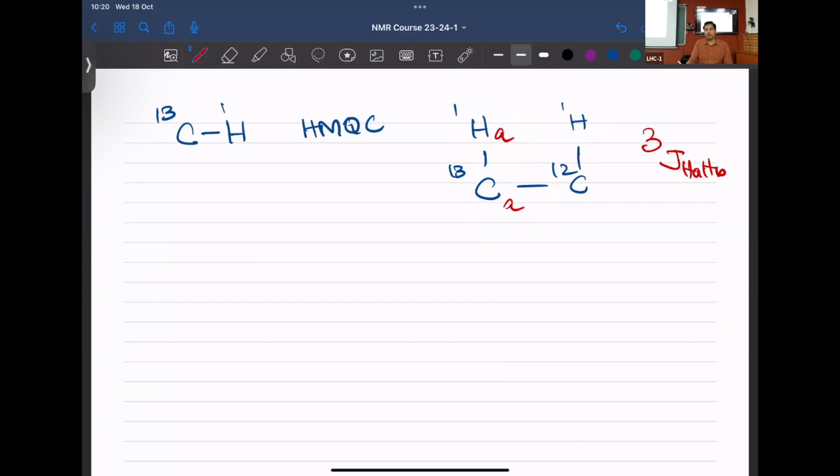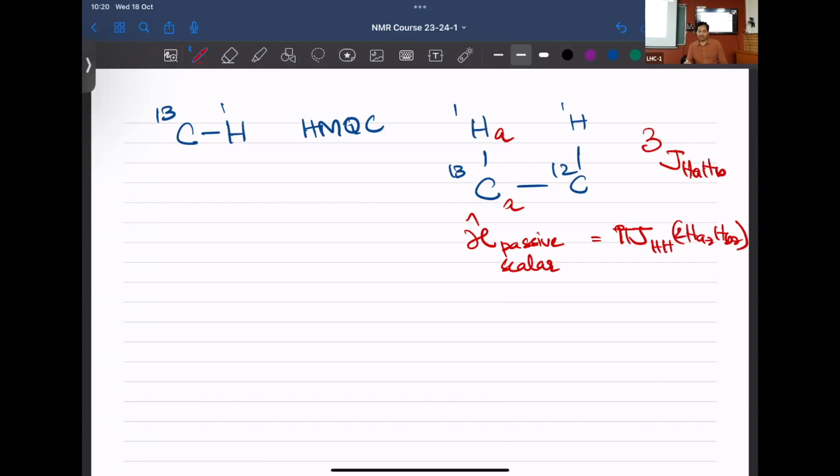Therefore, what I want you guys to repeat this density matrix formalism on is to add an additional passive scalar coupling term. What is the passive scalar coupling term? This will be 2 pi JHH HAZ HBZ. I forgot a 2.